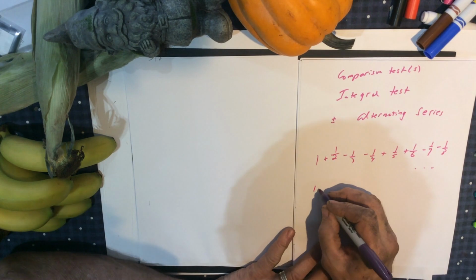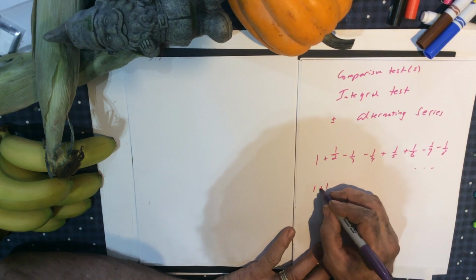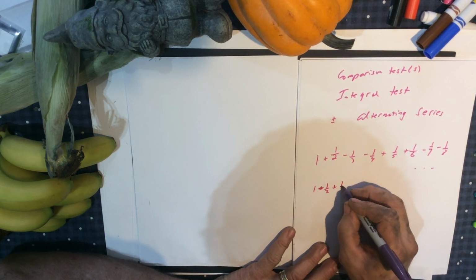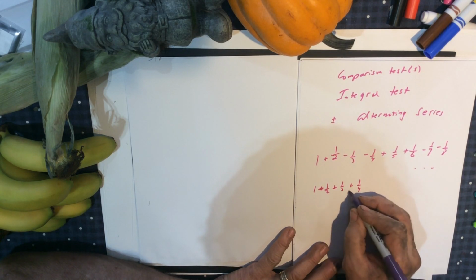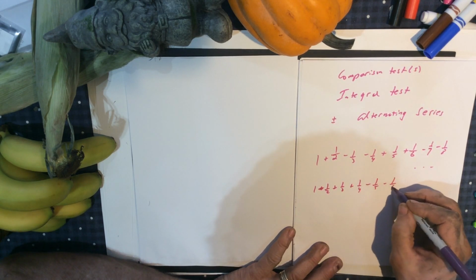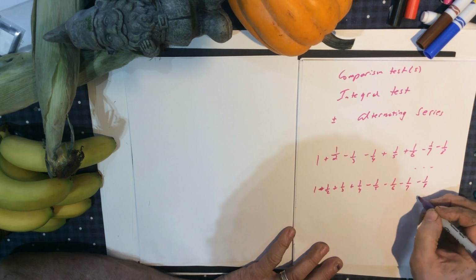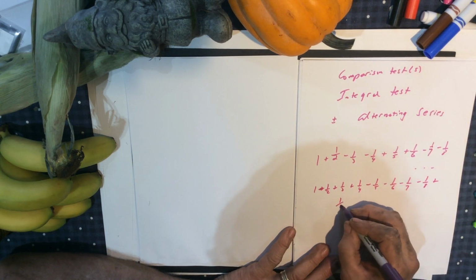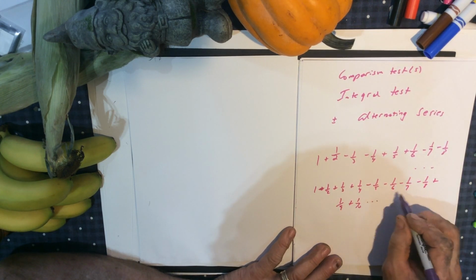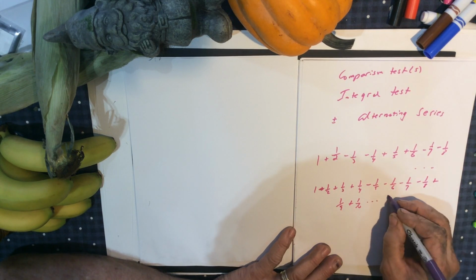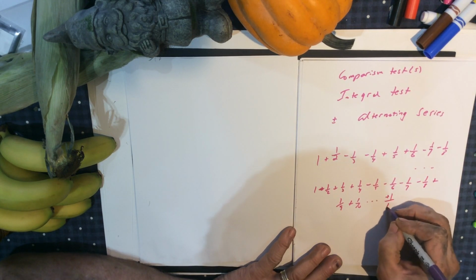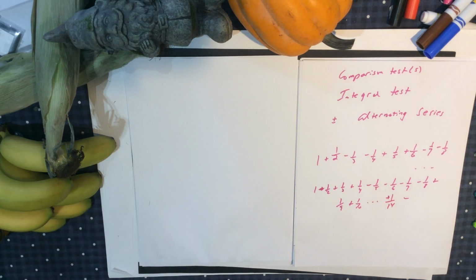And what happens if somebody did this? 1 minus a half, then plus a third, plus a fourth, two of them, then minus a fifth, minus a sixth, minus a seventh, minus an eighth, and then plus a ninth, plus a tenth, all the way to, let's see, that was four of them, so five of them, plus 1/14th. I mean, there could be a pattern, but it's not alternating.